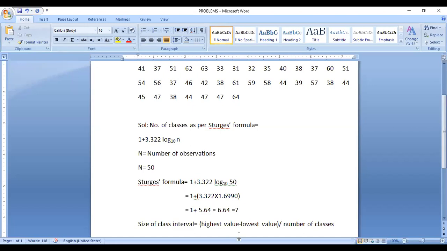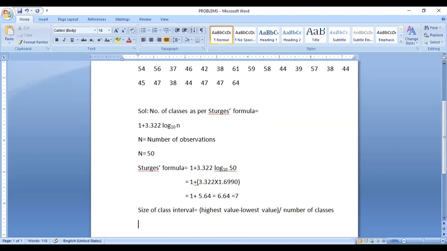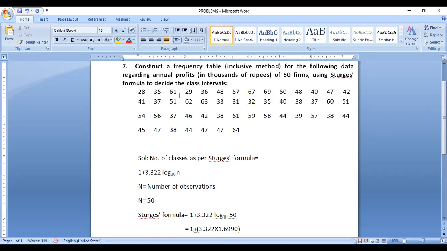So like that you have to decide. Now we will see the highest value. If you look at that data that is given, 69 in this row.